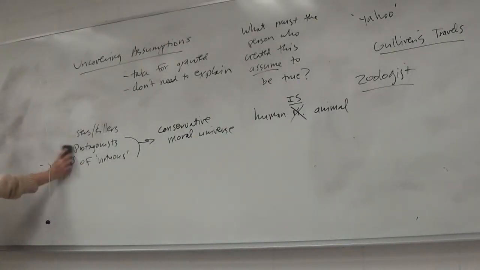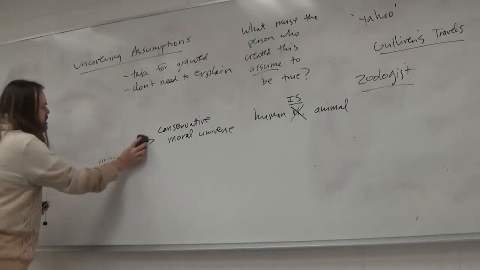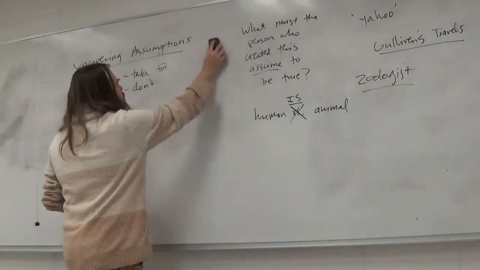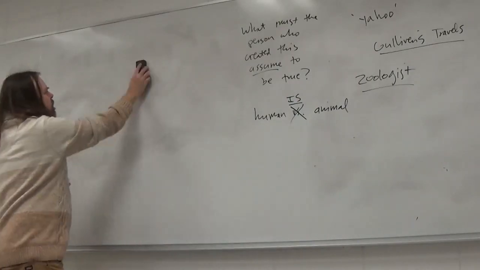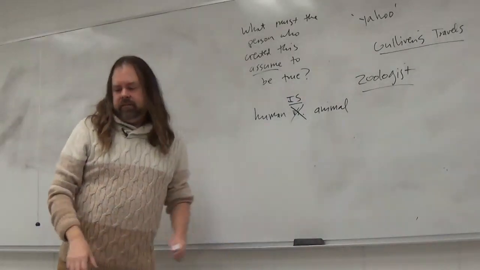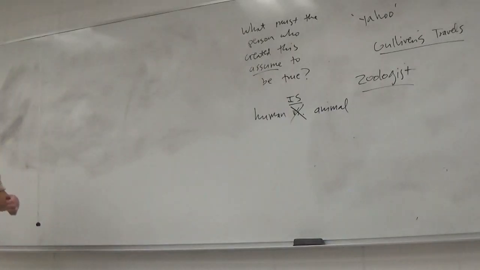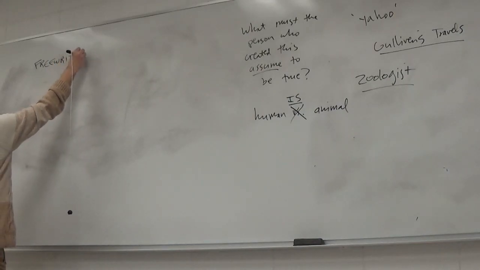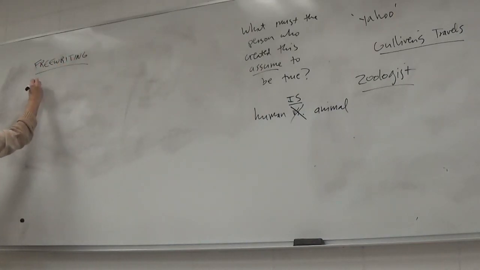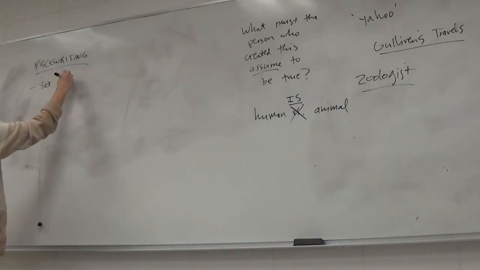So I want you to take a little while to read this, and I want you to do a little bit of free writing about it. Let me give you a couple of directions when it comes to free writing, right? So the first thing you do when you free write, right, you have to set a time limit for yourself.